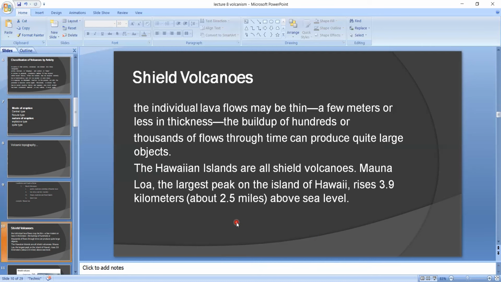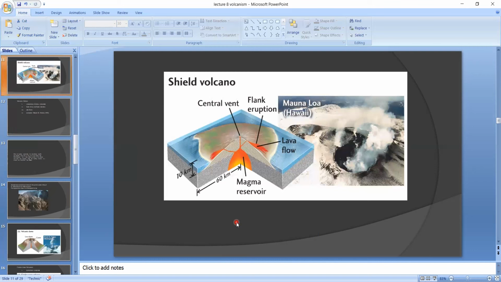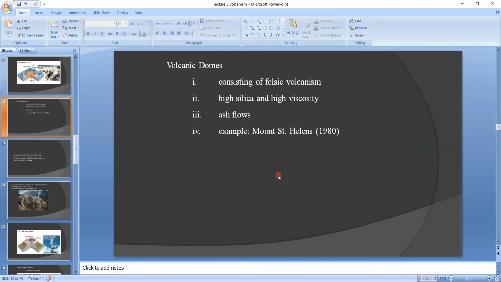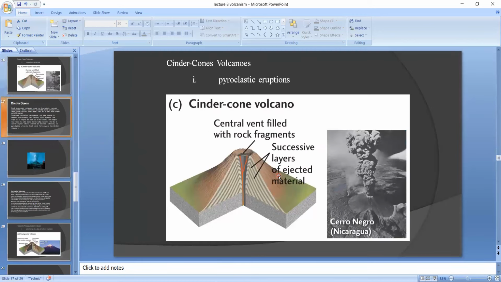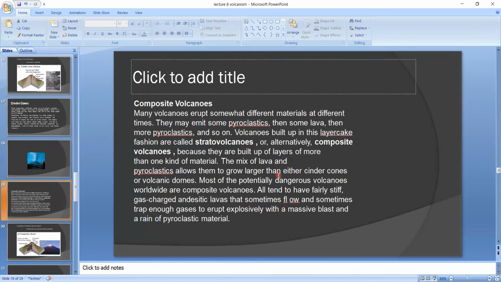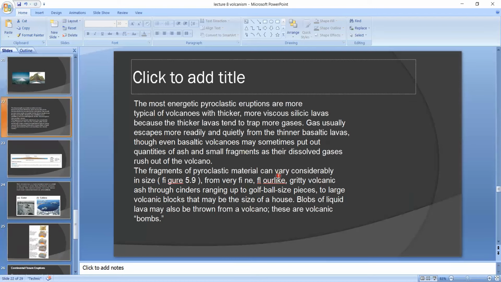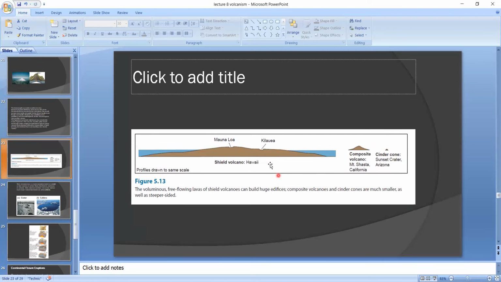First, you see the picture. This is a shield volcano. You see, this is a shield like Captain America's shield. You can also see the shield here. See, this looks like a shield.